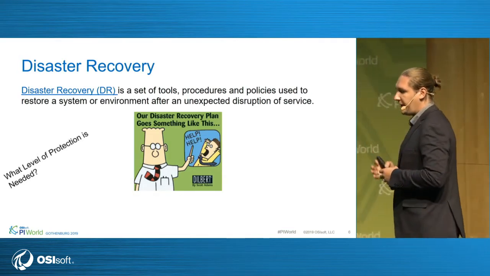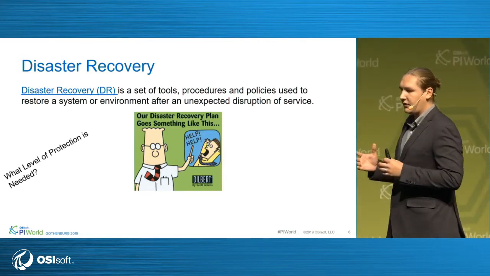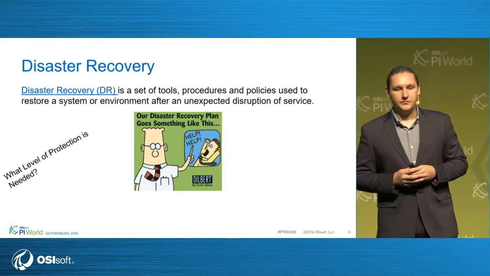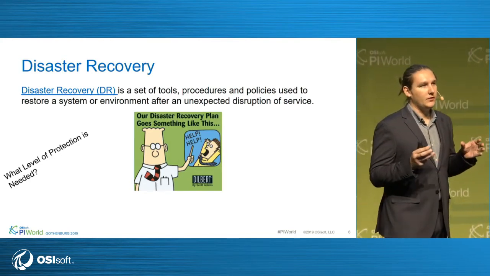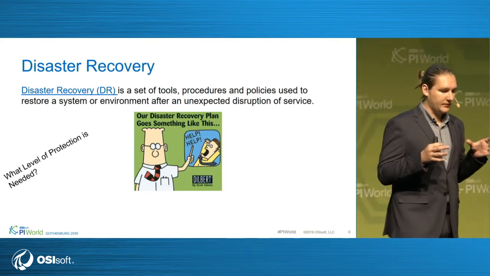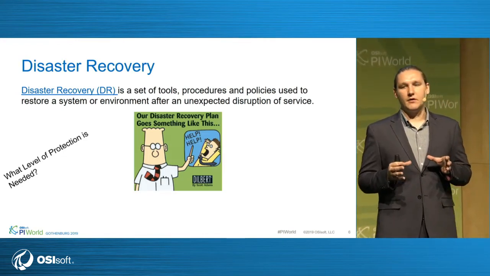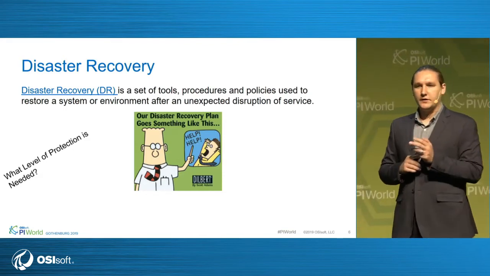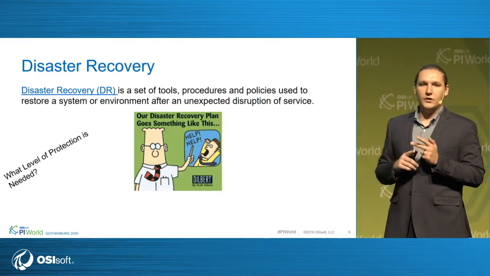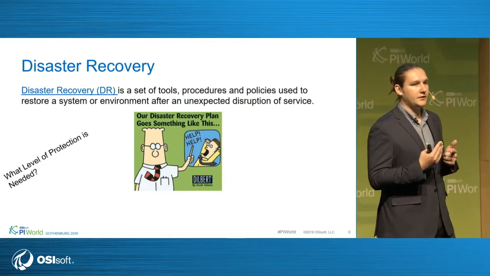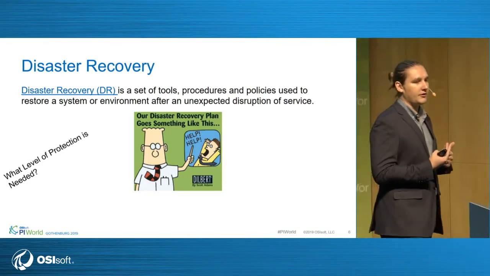So what are the main questions that we need to cover during creation of this plan? First of all, we need to understand what is our area where we want to implement this disaster recovery plan. Is it one site? Is it one plant? Or it's the whole environment that has many sites all over the world, geographically spread company?